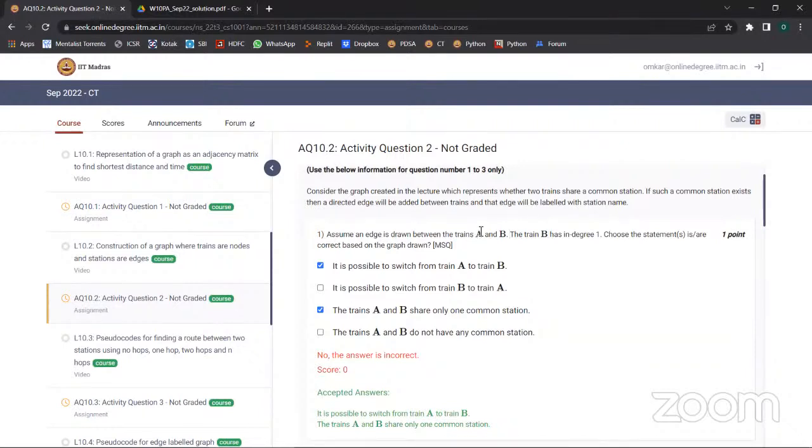But it can have out degrees. Sir, but from B again, there can be another edge to A, sir, because they did not mention the out degree. Okay, fine. Out degree is not mentioned. So what? This still remains true, right? The trains A and B share only one common station.